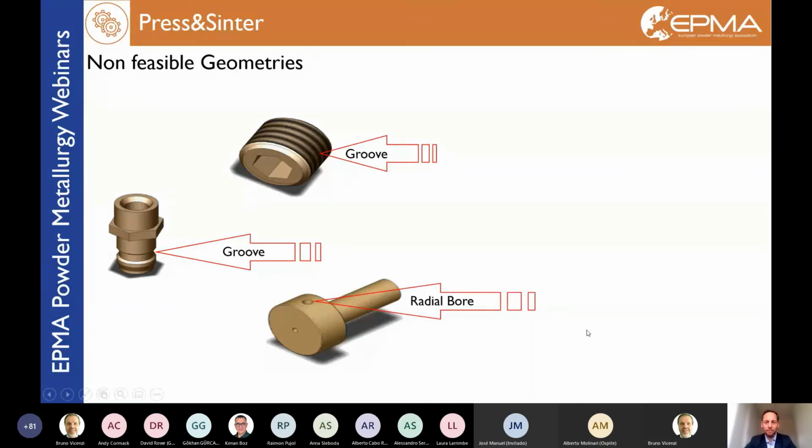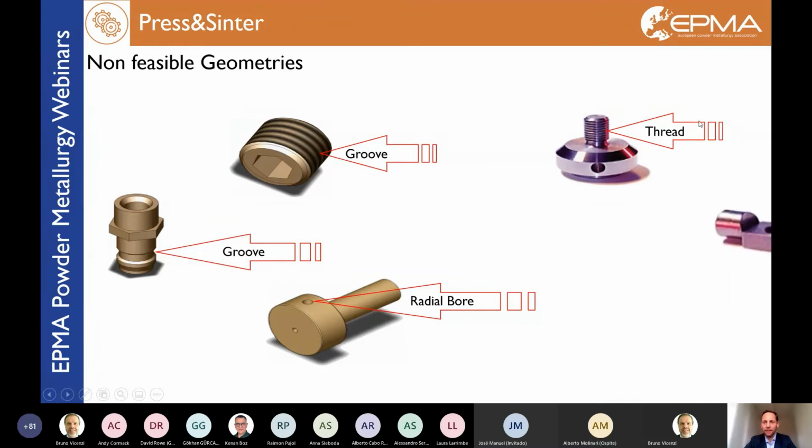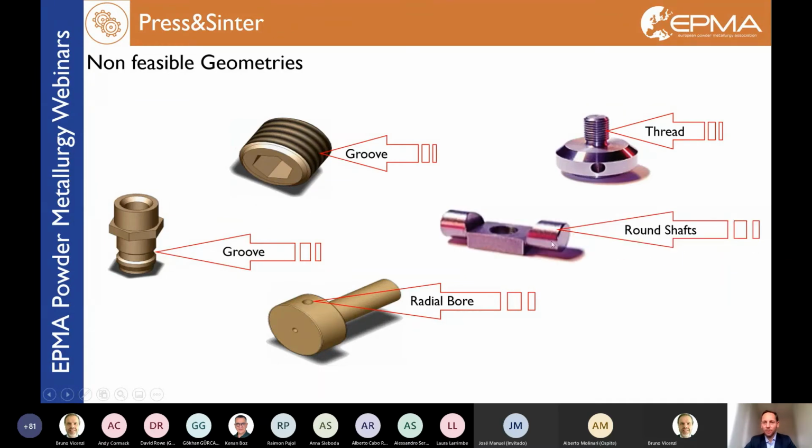We are not able to compact radial bores. We are not even able to compact threads. But in my case study slides, I show you some creative examples of how some of these hurdles could be overcome with the conventional technology as well.